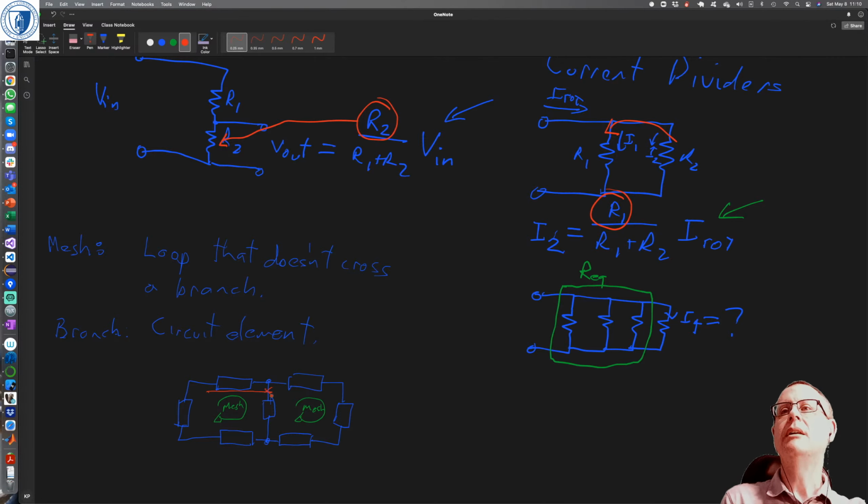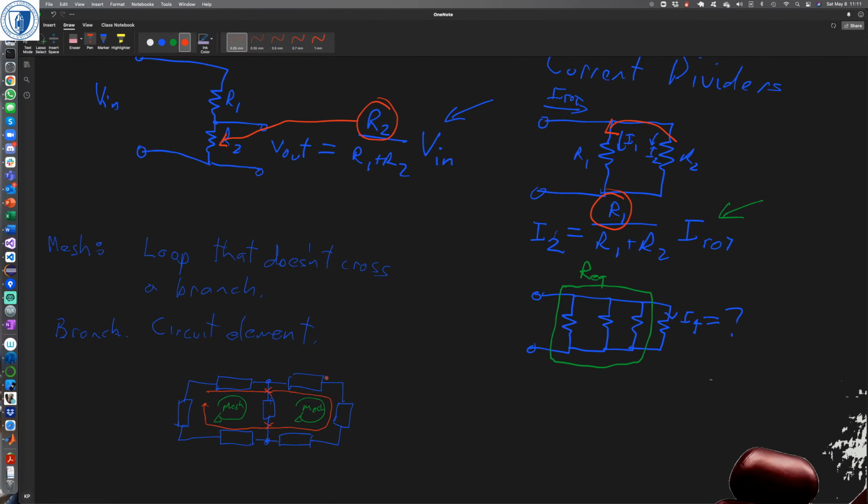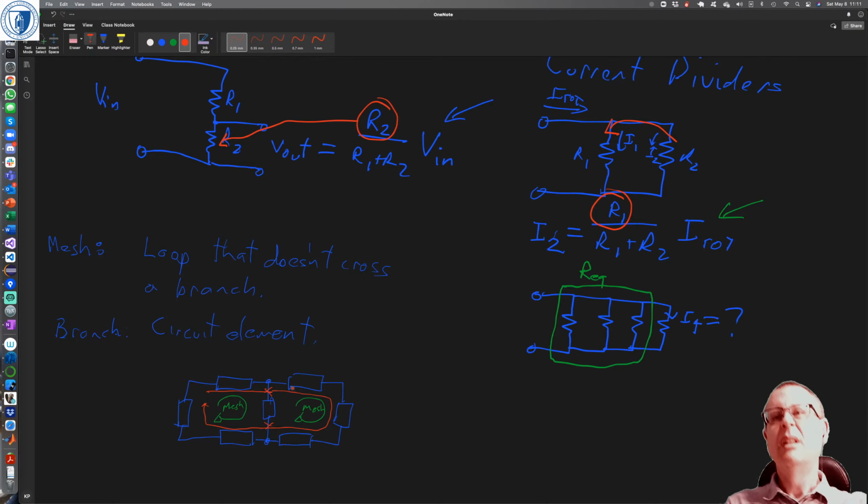I cut there, and I cut there. Let me just kill that. Right, so this red one is not a mesh, only a loop, because it cuts that central impedance.